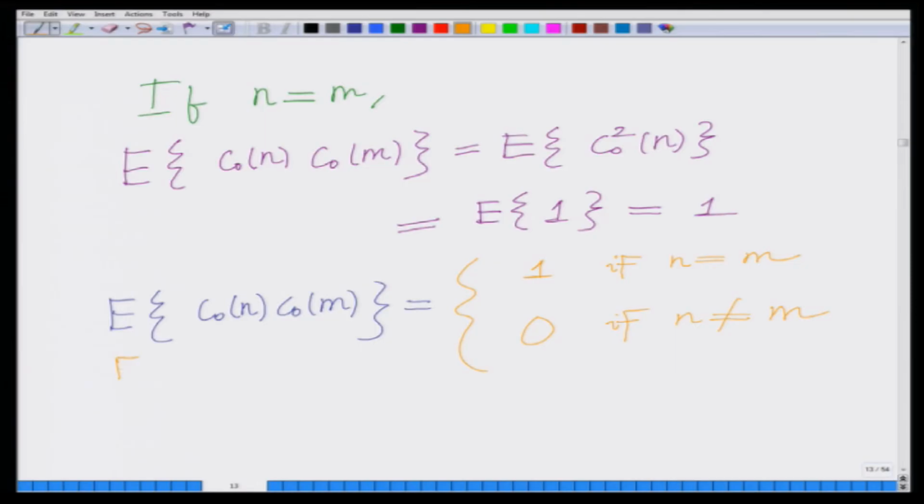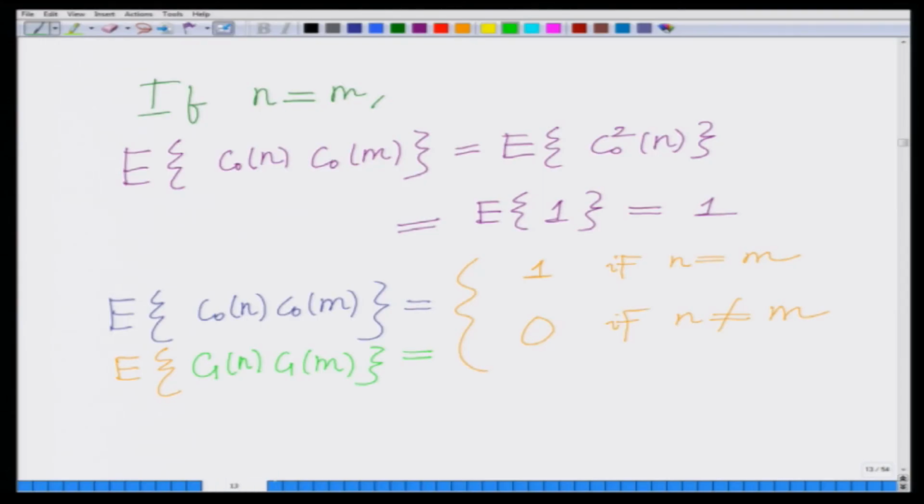Similarly, this also holds for C1: expected value of C1n times C1m is 1 if n is equal to m and 0 otherwise.